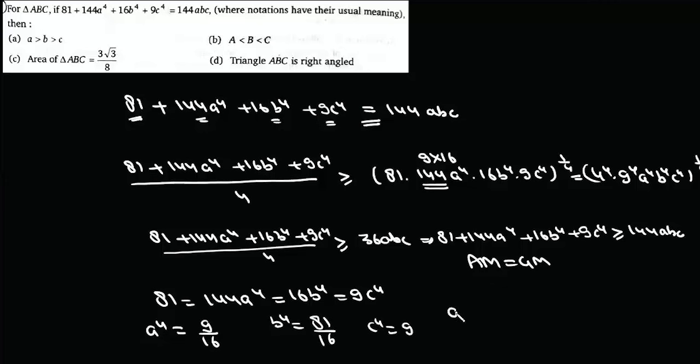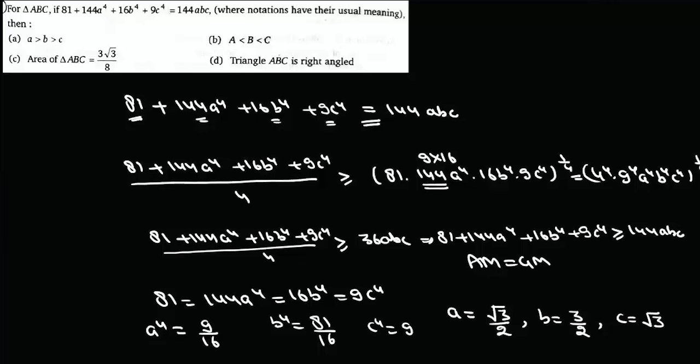So from here we'll get a as root 3 by 2, b as 3 by 2 and c as root 3.